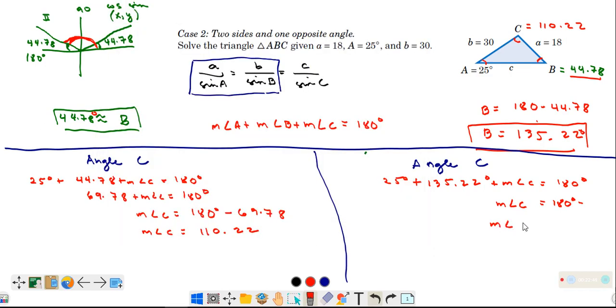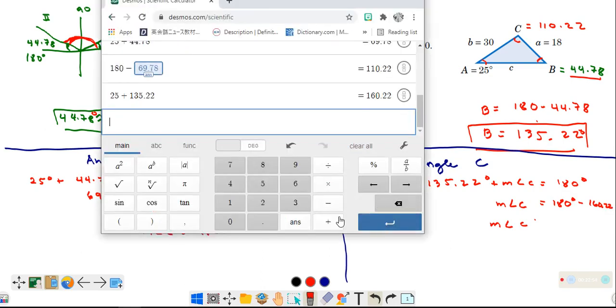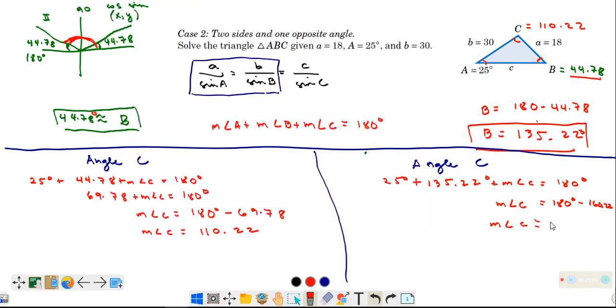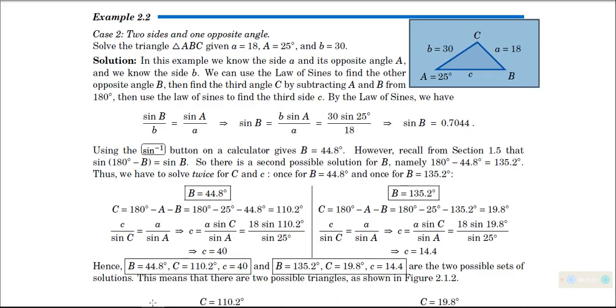So measurement of C is equal to 180 minus answer, which is 19.78. Okay. And from here, ayan, since one decimal place lang yung ginagamit dito, we have 19.8 at saka 110.2 dun sa aklat ninyo.